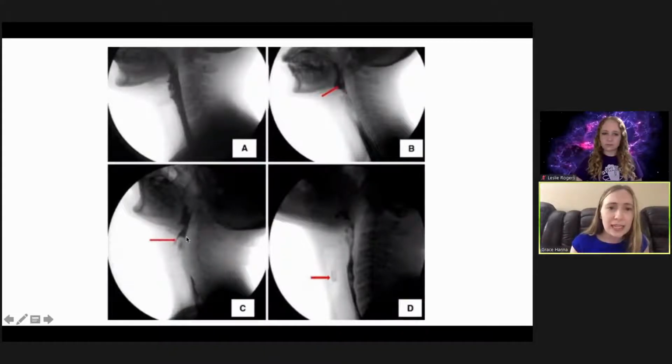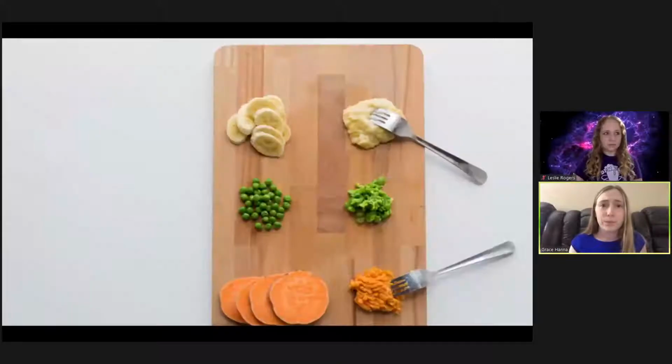Here, guys, this is called penetration, where the food or liquid is right above the vocal folds, and we don't want that. And right here, we've got aspiration, where it is well below the vocal folds, into our trachea, going down towards our lungs, which is not good. That can cause infection, no good.